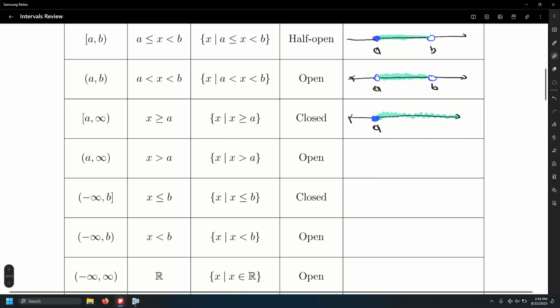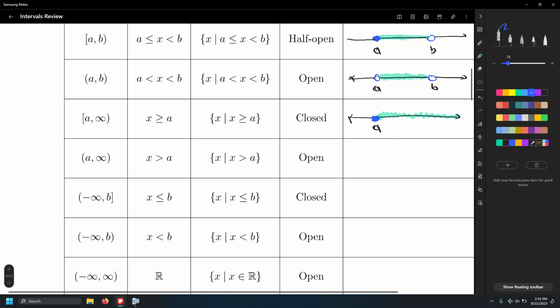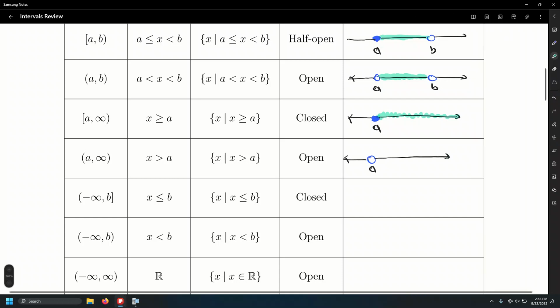Similarly, the difference between the next one and the previous one is the bracket and the parentheses. So instead of having a full circle, we're going to have an open circle. Open circle, that's A. And again, let me shade.